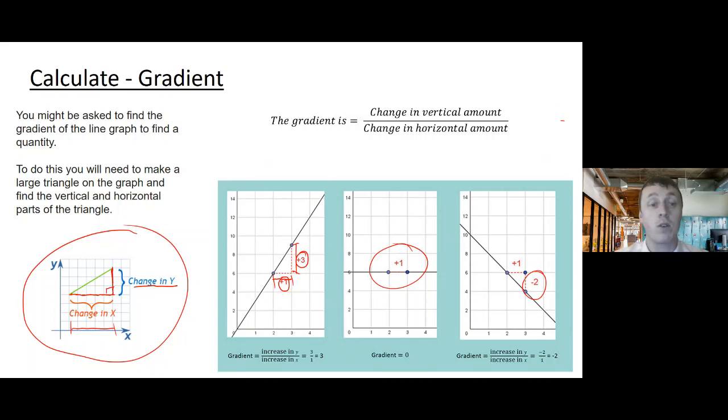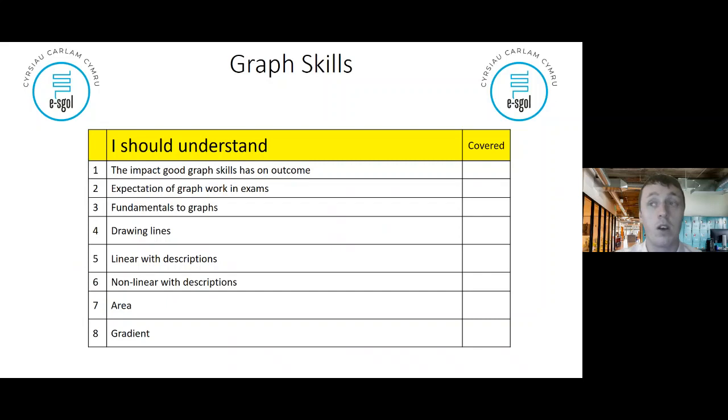So we've covered quite a lot of the graph skills in this session, which gives us plenty of time now to start looking at some past paper questions. So hopefully you've seen the reasons why we want to put some time and effort into graph work. We've looked at the expectations, that level of understanding you should have. We understand what a good graph should look like, how to draw the lines, linear, non-linear, and how to determine if that is an anomaly and to take it out.